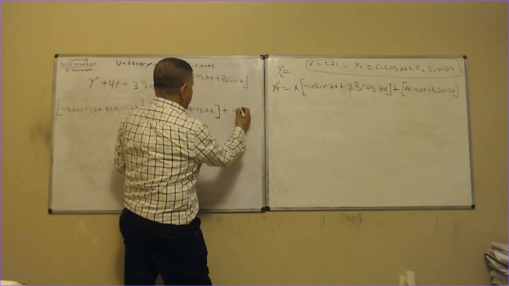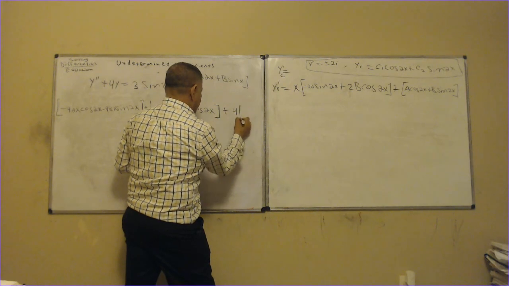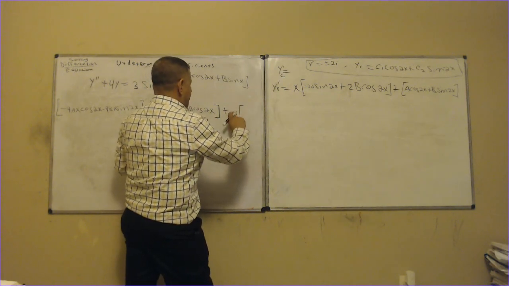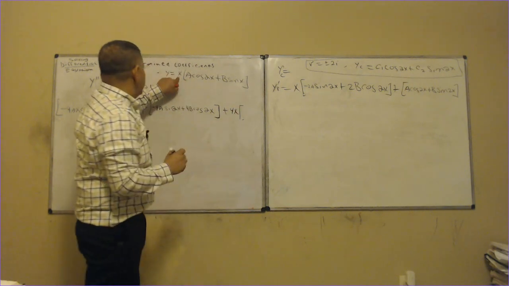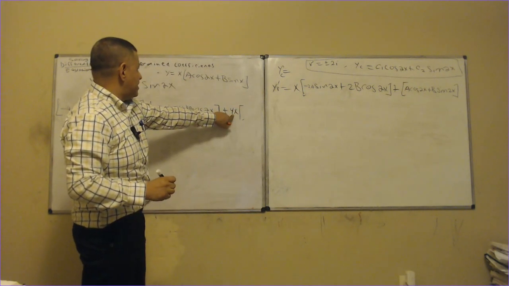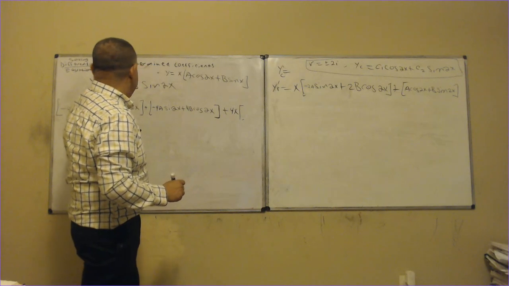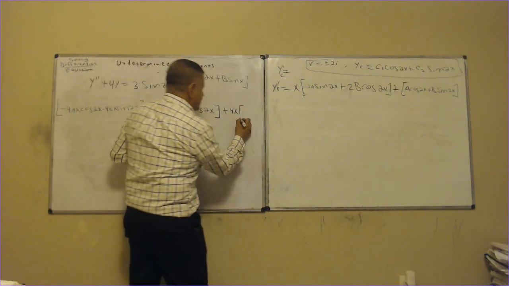Plus 4. And then right here, I'm going to set a bracket, but right here, I need to do 4 and keep that x with the 4. That x attached to the 4, right?